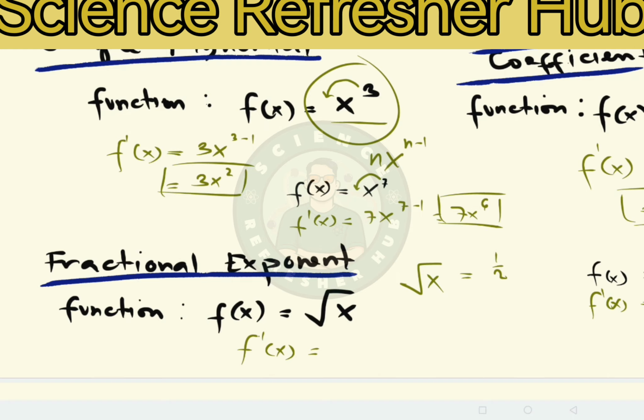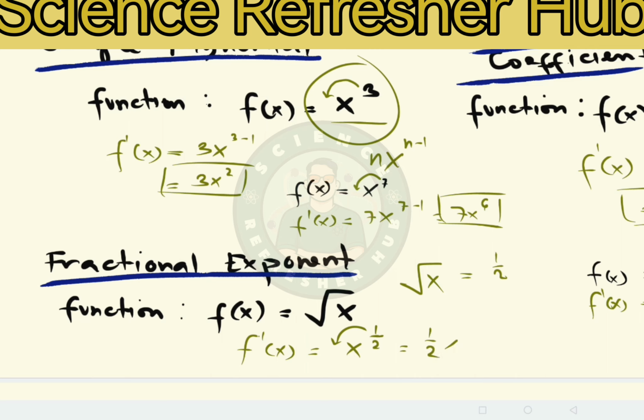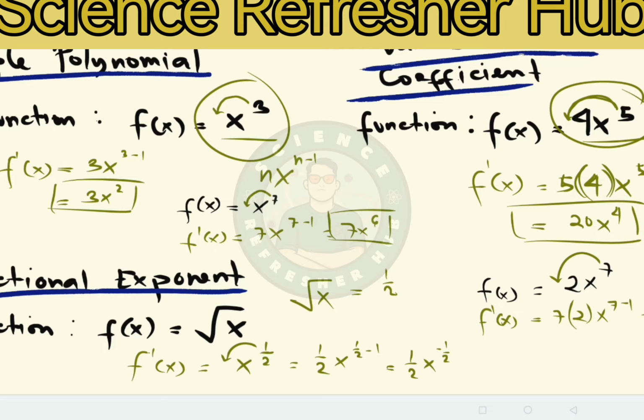So you can just rewrite this one, remove the radical sign here. Put that 1/2 in front. So you have 1/2 x raised to 1/2 minus 1. Let's get the answer of 1/2 minus 1. Then you will get negative 1/2. So your answer would be 1/2 x raised to negative 1/2. You can simplify it further.